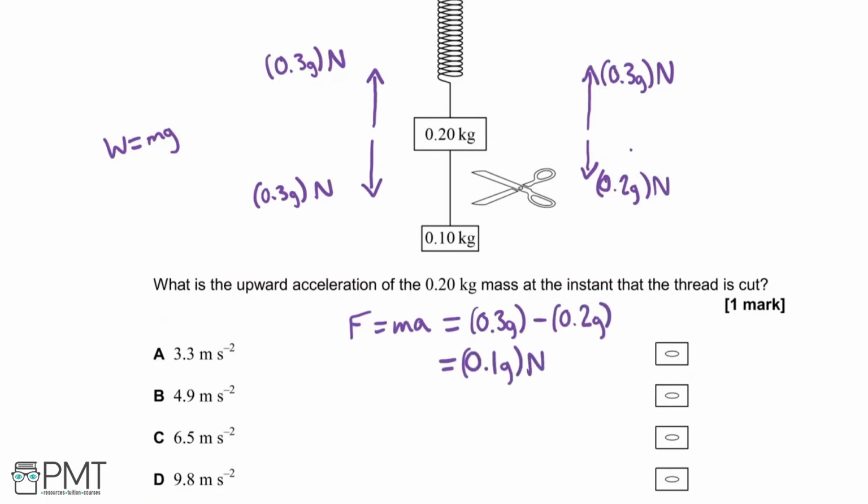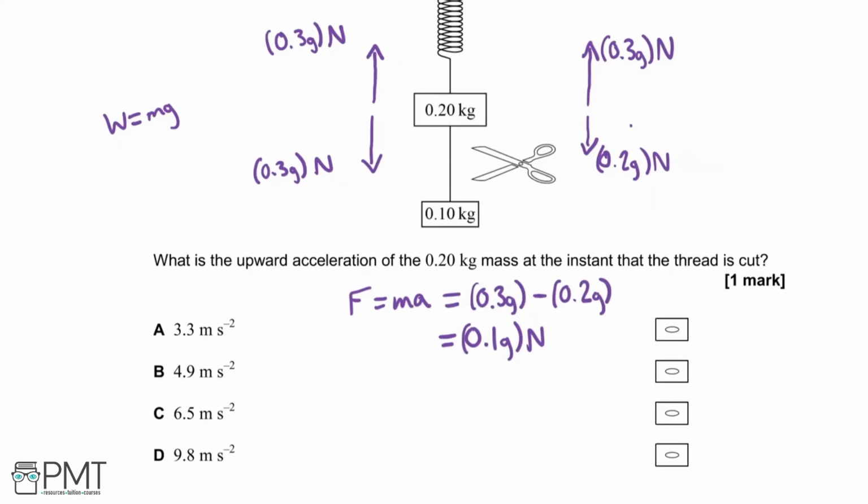So we've got the number of newtons of resultant force is going to be 0.1 times gravitational field strength, and that's going to be the mass times acceleration. So let's rearrange F equals ma to make a the subject. We've got 0.1 times g being the resultant force, and then 0.2 kilograms being the mass.